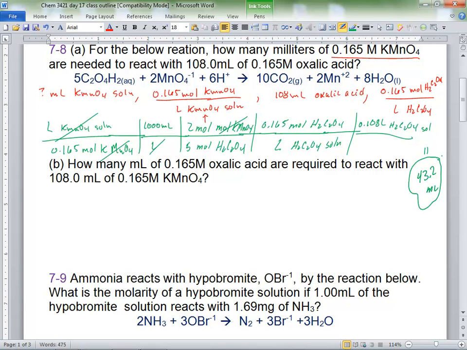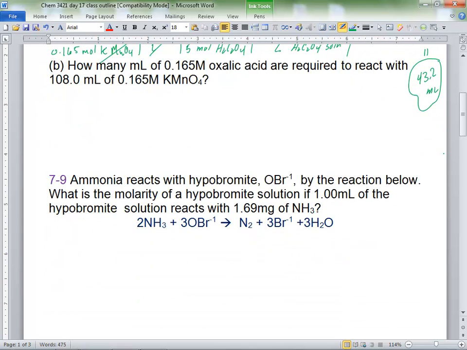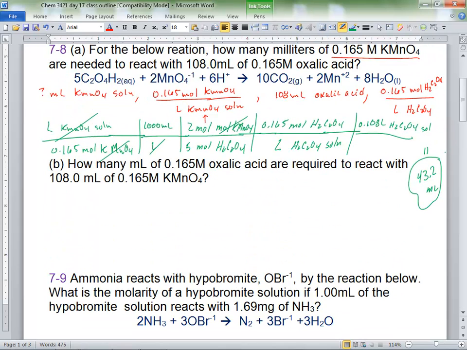Is that right? Yeah, 43.2 milliliters. Okay. Try 7-9.